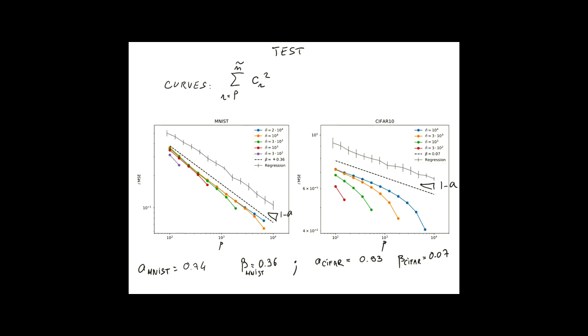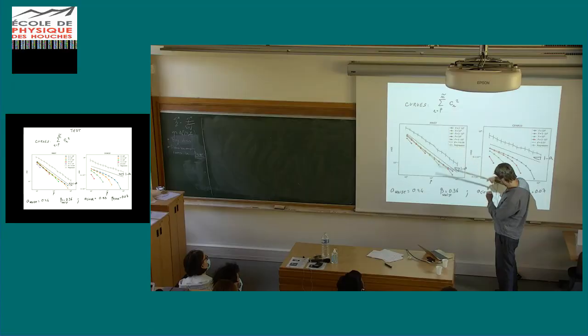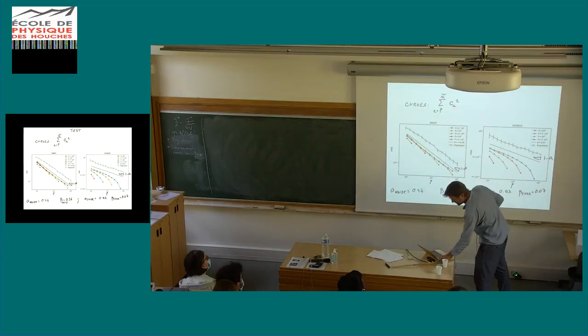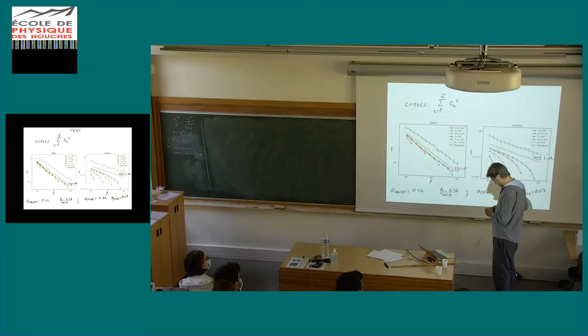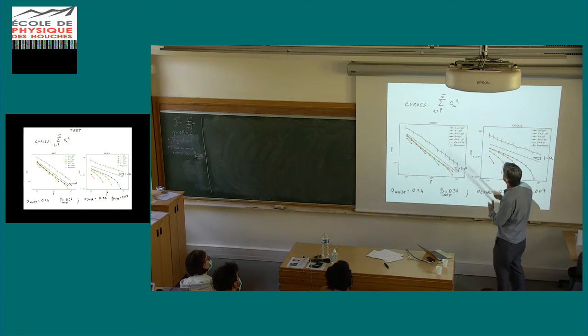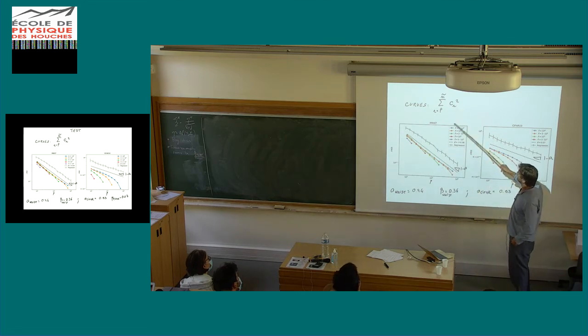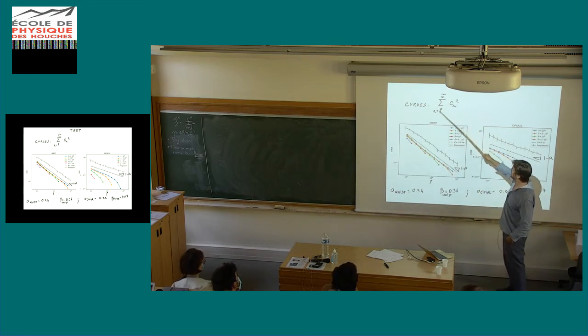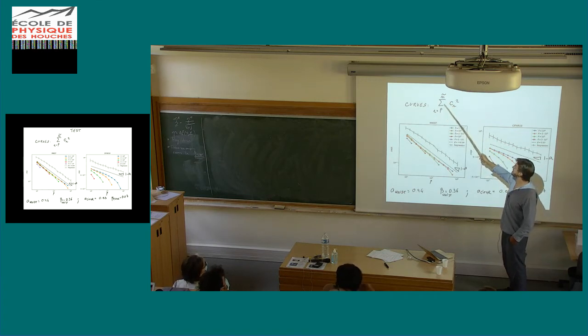So the point is that once we have estimated those coefficients, our guess for the test error would be an infinite sum to infinity of those coefficients. In practice, we cannot extract an infinite number of coefficients, so we have another parameter.